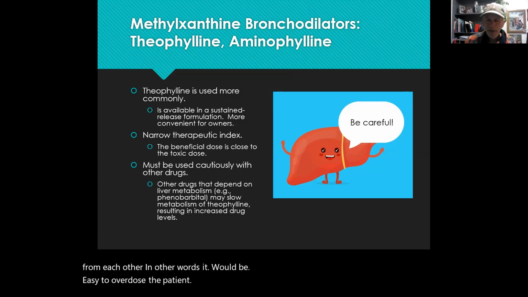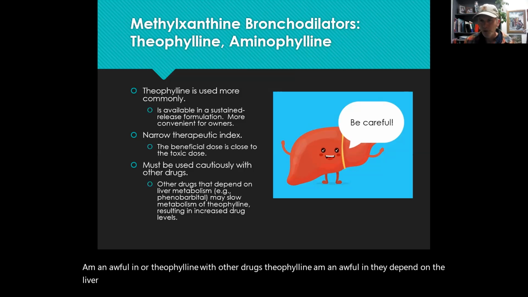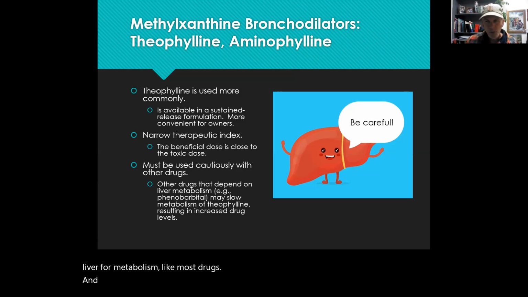And that's important because we have to be careful using aminophylline or theophylline with other drugs. Theophylline, aminophylline, they depend on the liver for metabolism, like most drugs. And other drugs that also use the liver, like phenobarbital, may slow down metabolism of theophylline.